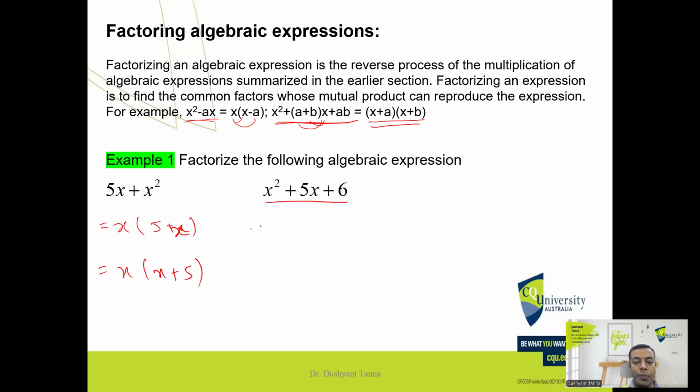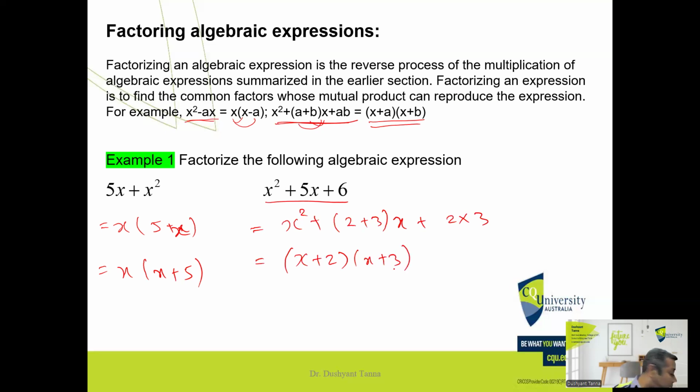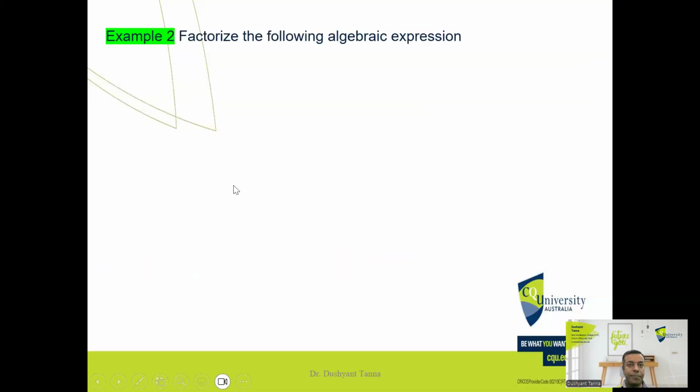So what we do, you can rewrite this as x plus 2 and x plus 3 are factors of the given expression. But we need a better approach, better method to deal with any factorization. So we will cover those kind of stuff in a bit.